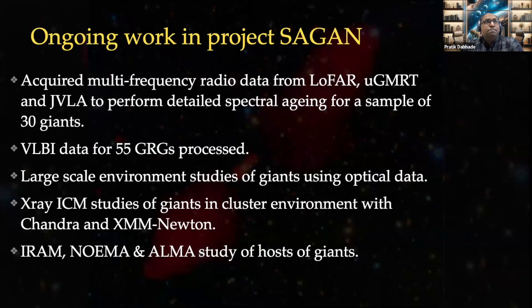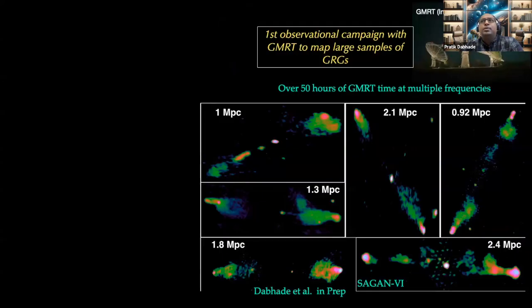Anyways, now that we have acquired a lot of data, we also need to get their spectral ages, to understand how old they are, and for that we require multi-frequency radio data from various telescopes. We can also study them at very high resolution, their very core properties, to understand what is really happening.